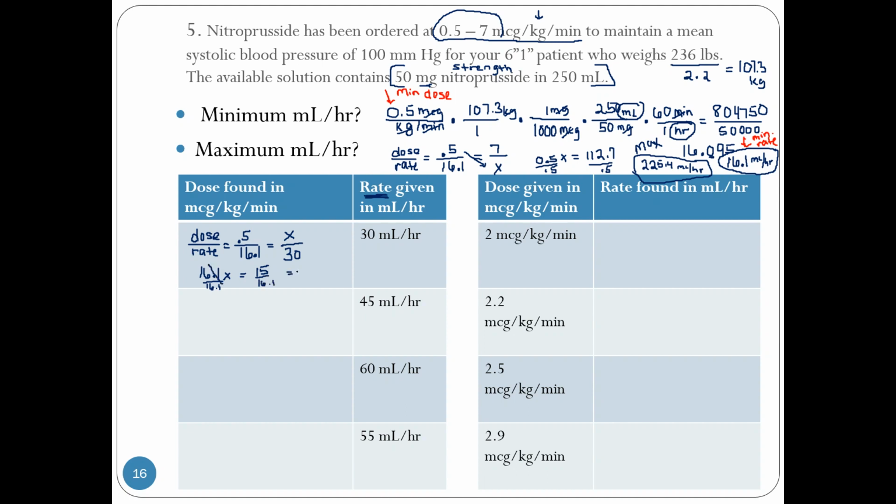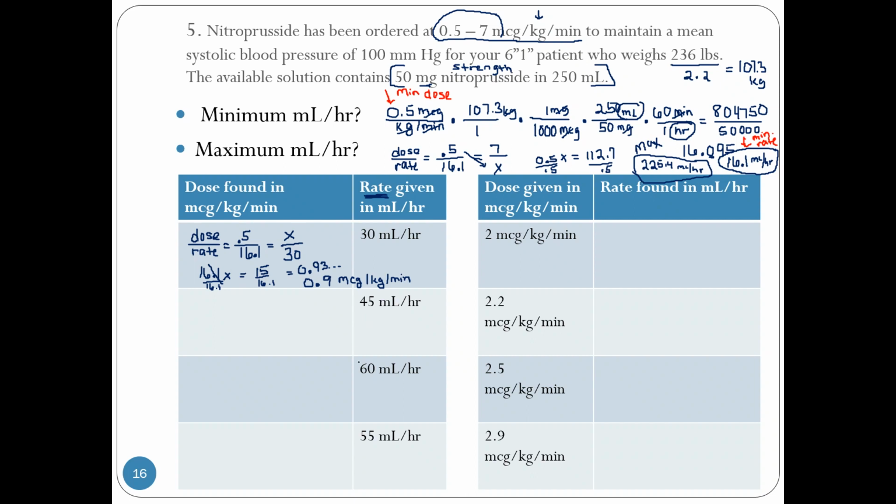My x will equal 0.93, etc. And we're going to round to tenths. That was in our pre-lecture, so 0.9 micrograms per kilogram per minute.